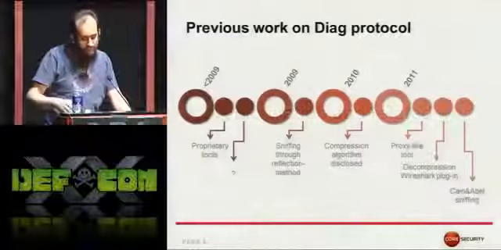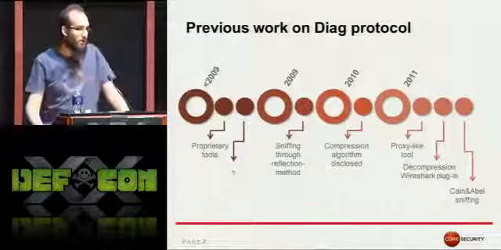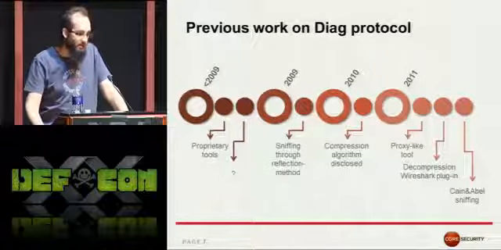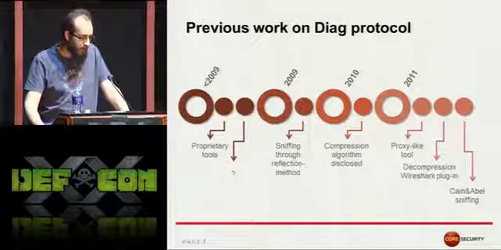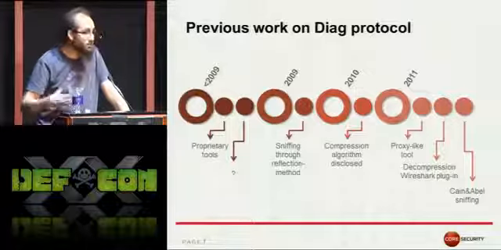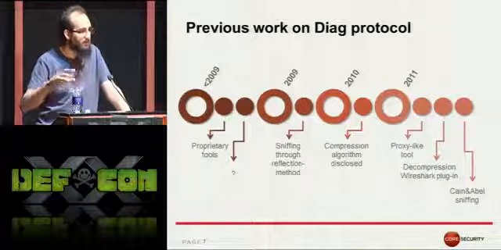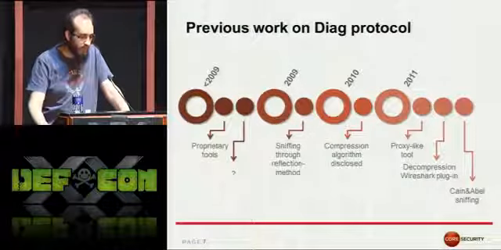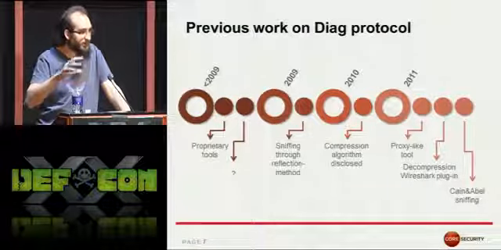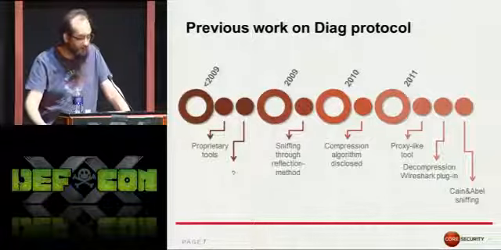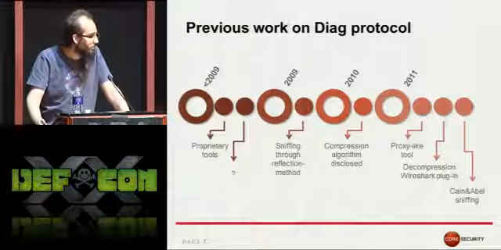There was a lot of work in recent years around the protocol. Back in 2009, there were some proprietary tools trying to dissect the traffic of the protocol and get clear text credentials, but the tools were not public.